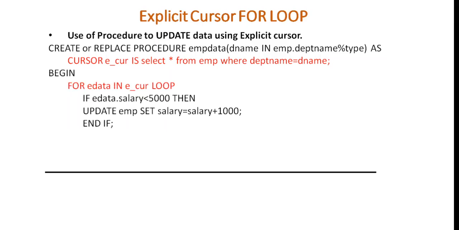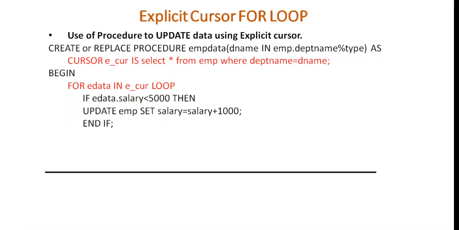Now here we are selecting data for employees that are working in the given department, and in the begin section we have a for loop of cursor, that is for edata in ecur loop. Edata is an index variable which is pointing to the rows stored in cursor.